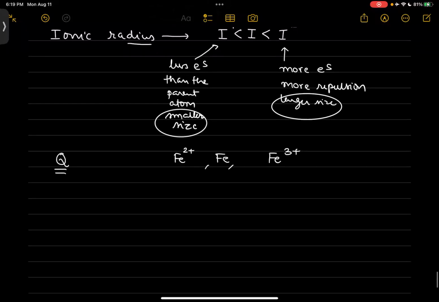Removing electrons causes less repulsion and the size will shrink. Fe3+ will be the smallest, then Fe2+, and Fe is the original atom, which has 26 electrons. Got it?